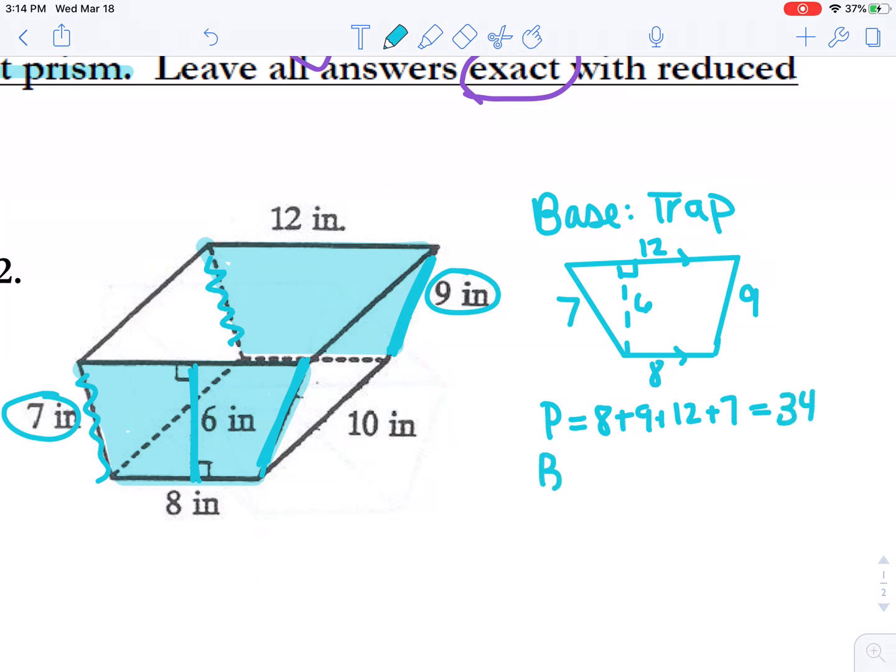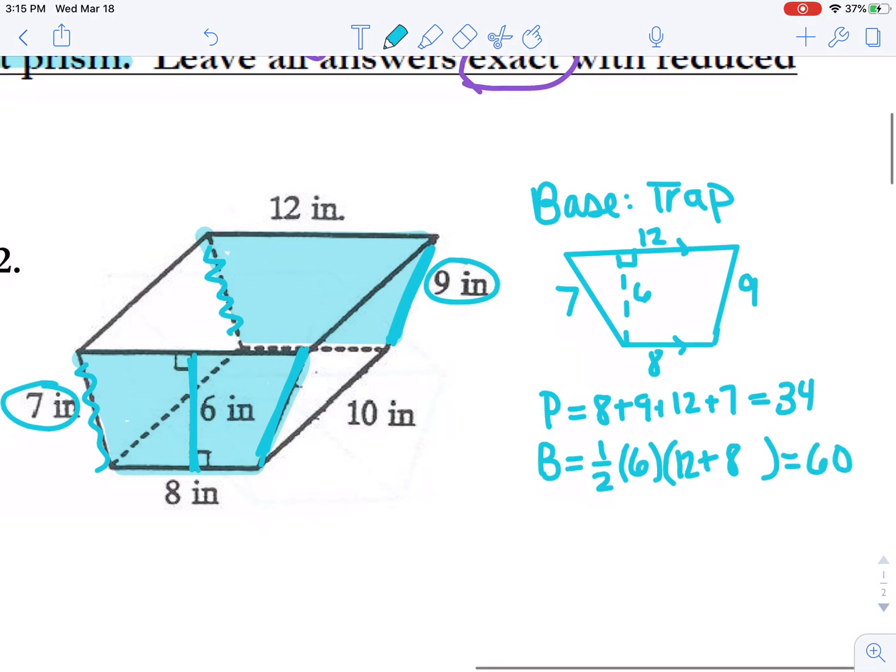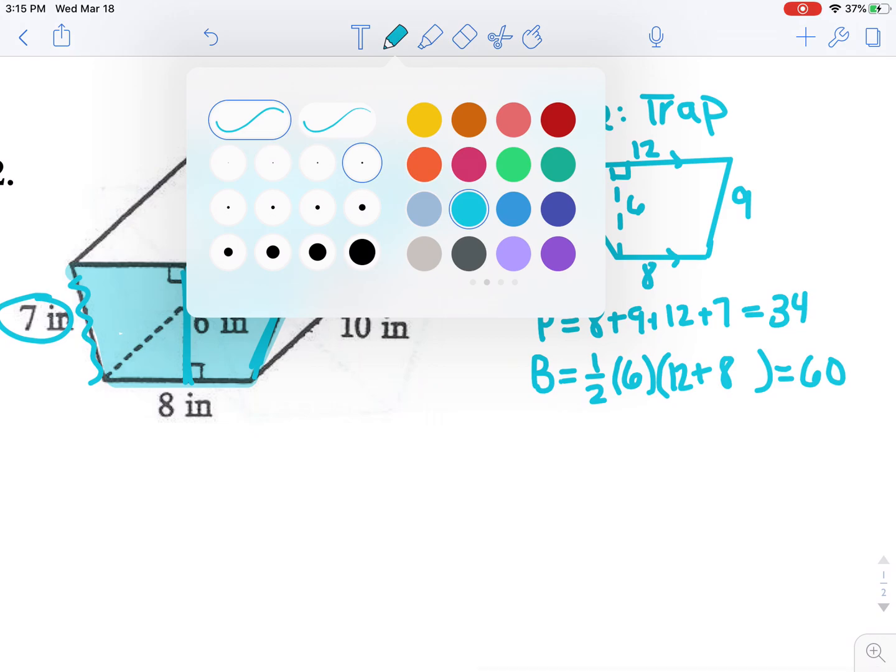The area of the base, the area of our trapezoid is 1/2 times the height of the trapezoid times the sum of the bases. So the height of our trapezoid is 6. The 2 bases are 12 and 8. So when we multiply all that through, we get that the area of our base, let's see, this is 20 times 3 is 60.